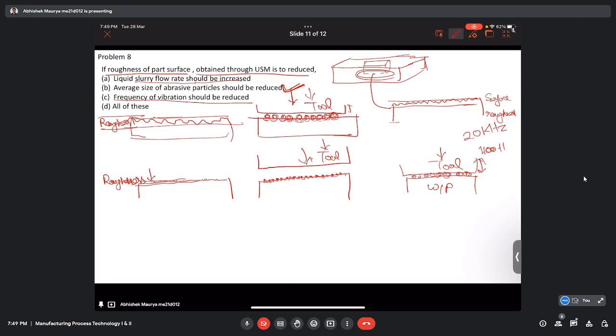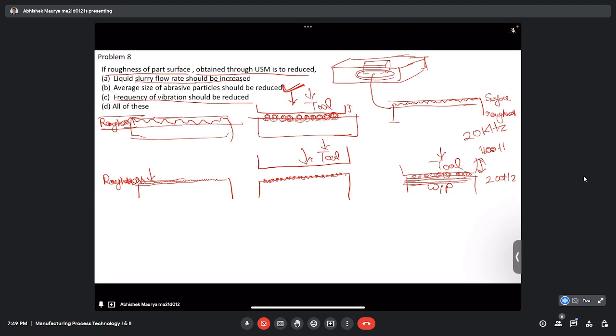So let's say it has removed 100 small layers in a second. But if we increase the frequency, what will happen? Let's say we do it 200, then our tool will vibrate 200 times, and since it vibrates 200 times, it will remove 200 layers.